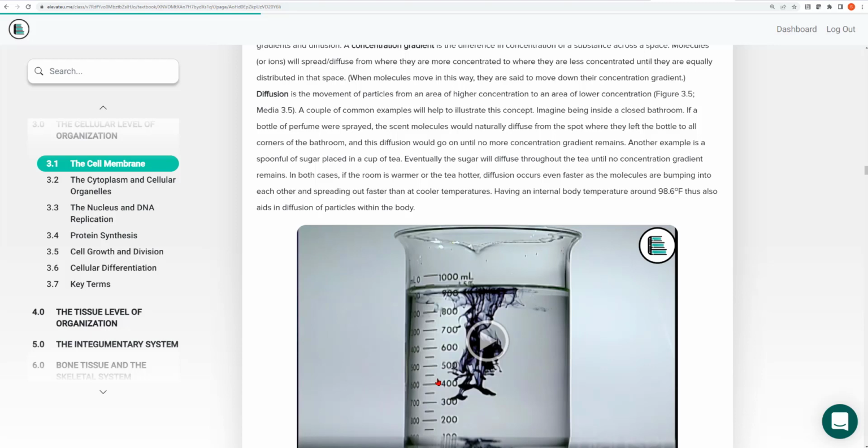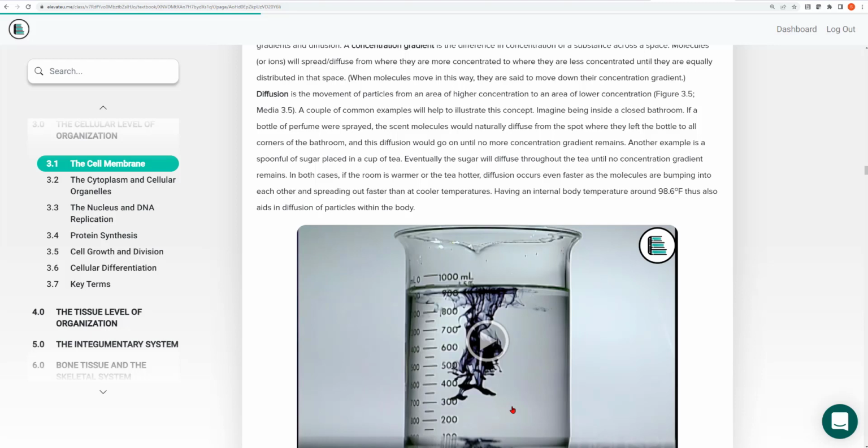Of course, you could also cheat and just stir this, right? You could stir it, and that would speed up the diffusion. Again, you're moving the molecules from an area of higher concentration to an area of lower concentration in a more rapid way. This is the same idea for if you were to spray some cologne in the corner of the room.